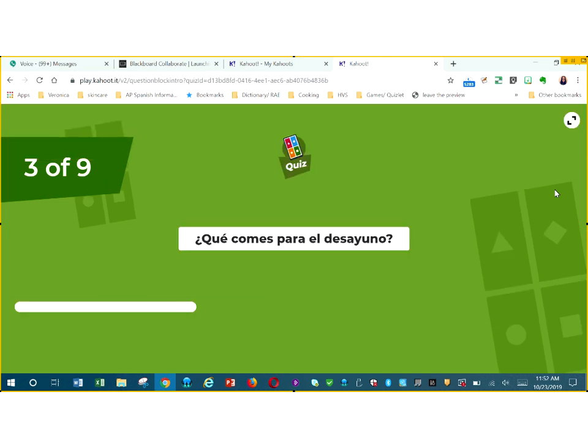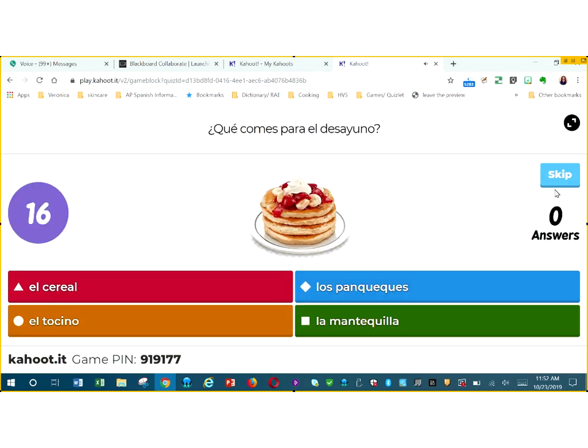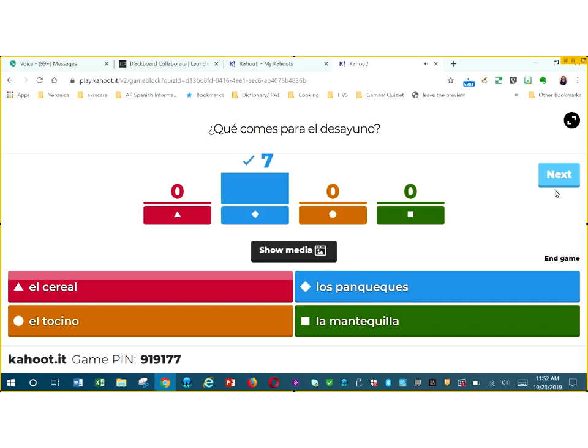Okay, number 3. ¿Qué comes para el desayuno? We have el cereal, el tocino, los panqueques, and la mantequilla. Clearly, you guys got los panqueques. Sounds just like pancakes.